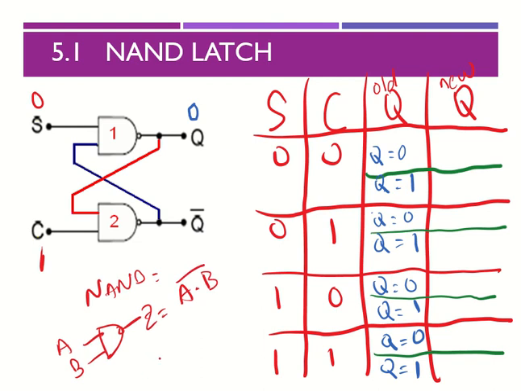So your truth table is when you have A B, 0 0, 0 1, 1 0, 1 1. For 0 0, you're going to have 1, 0 1 is 0, 1 0 is 0, and 1 1 is 0.